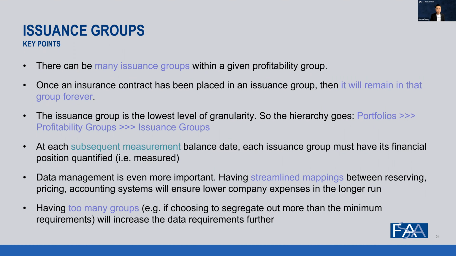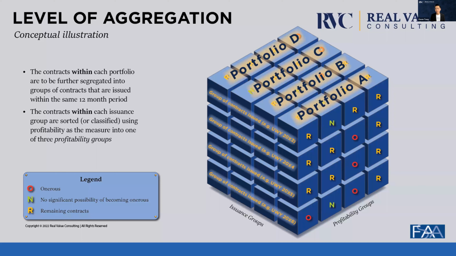And so now I have a final illustration where I'm putting all of these bits together. What I believe visualizes everything is a cube. What I want you to think of is that this entire large cube is your company, your policies. You're segregating this company in three ways: you have your portfolios, you have your profitability groups, and you have your issuance groups.